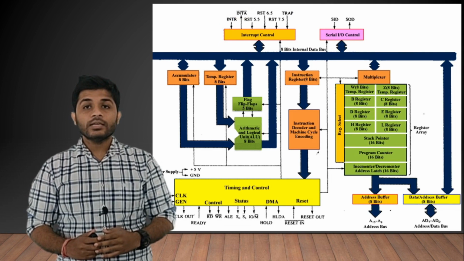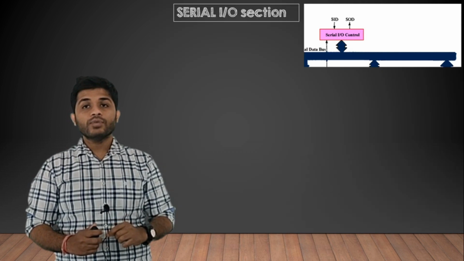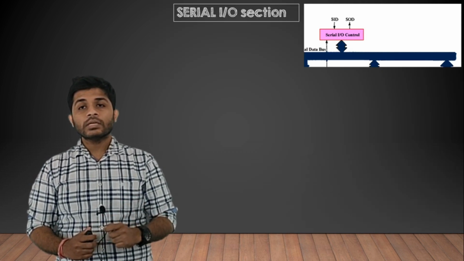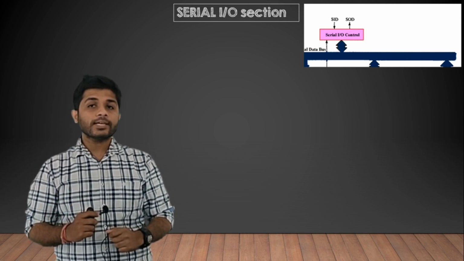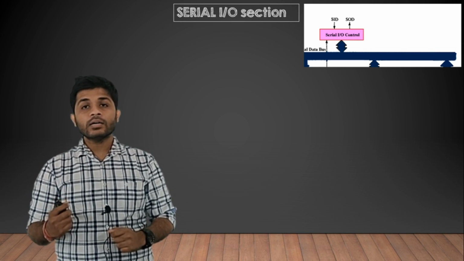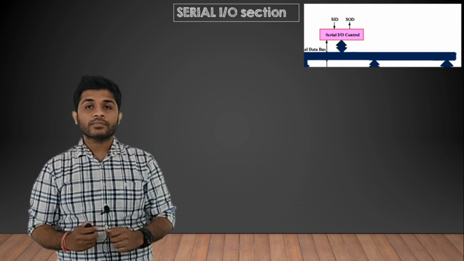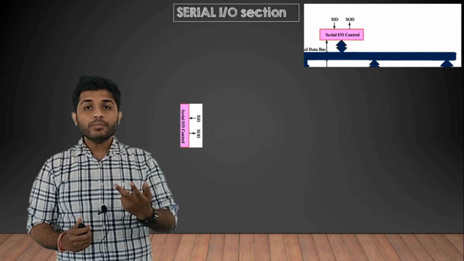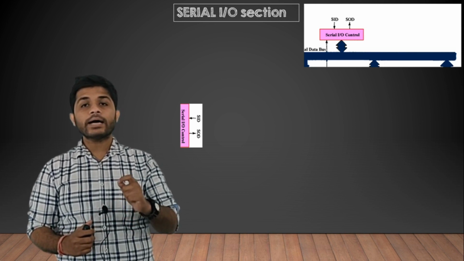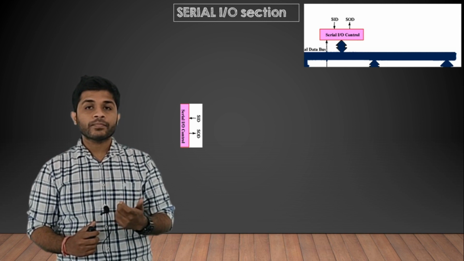Now let's see the next block, which is the serial input output section. Using this serial input output section, the microprocessor can send data to peripheral devices. There are 2 pins in the serial input output section, SID and SOD.